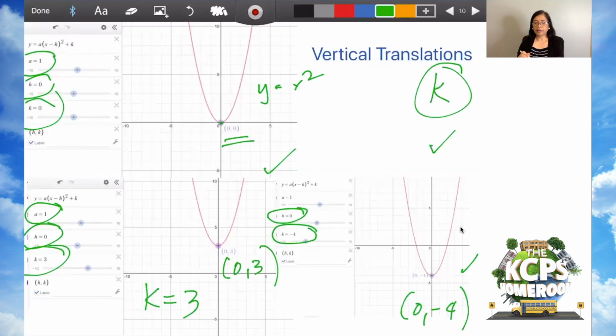So again, this vertical translation, when we change the value of k, moves the graph up or down. Take down some notes before we move on to graphing this using the Desmos Calculator.